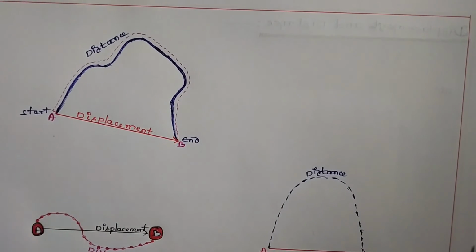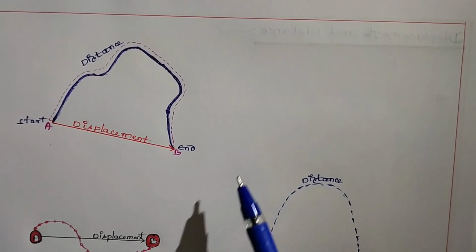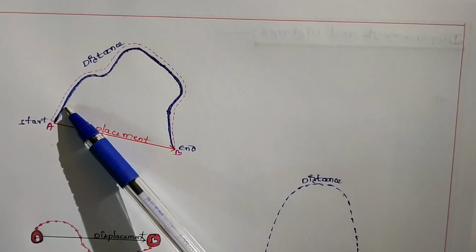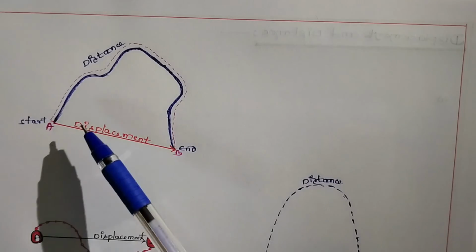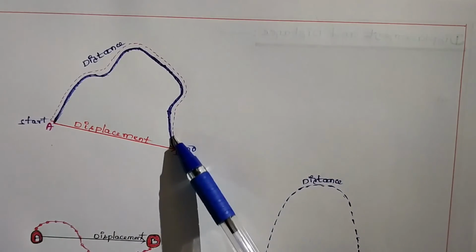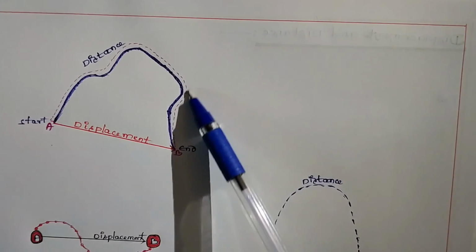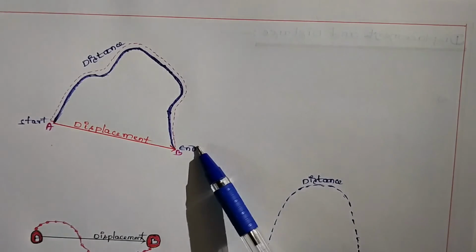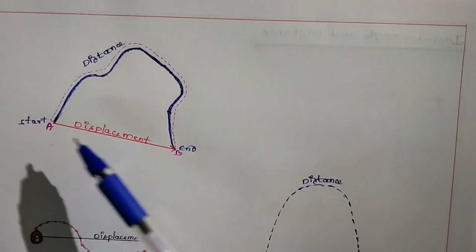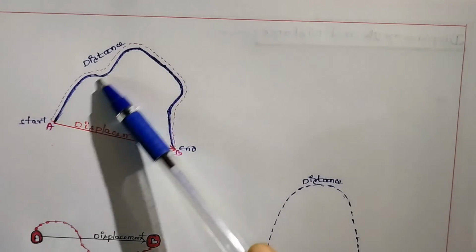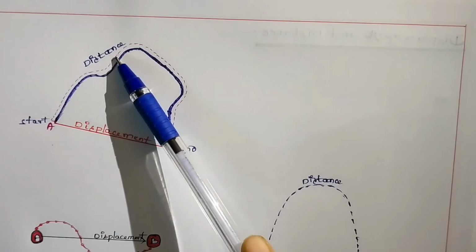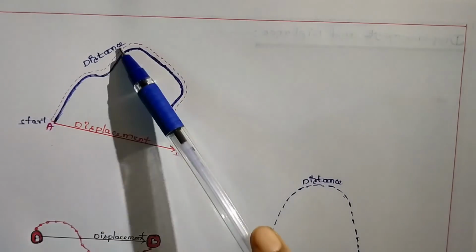Here, the complete length of the path between any two points, this is the path, is called distance. This complete length is nothing but distance.